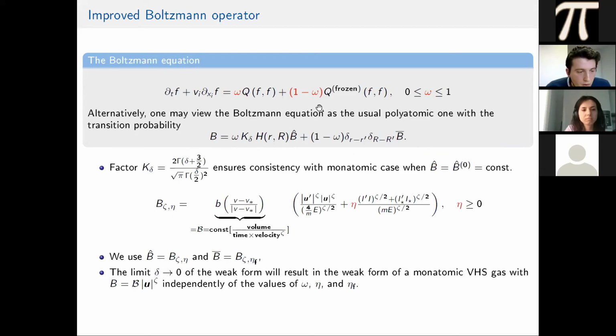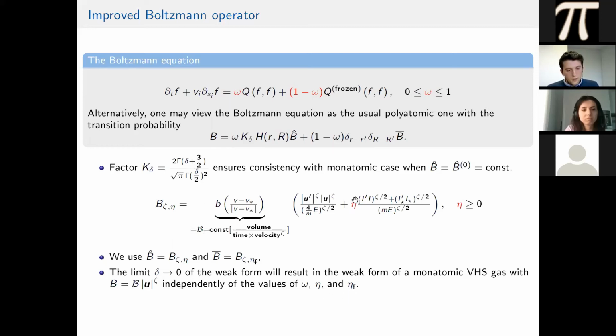And we will add a little bit more freedom by adding a new parameter eta in the cross section. This will also satisfy the microreversibility and the uniqueness theory. We also introduce this factor that has the purpose of giving consistency with the case when the cross section is chosen like the Hartsfield model, so like the monatomic case.